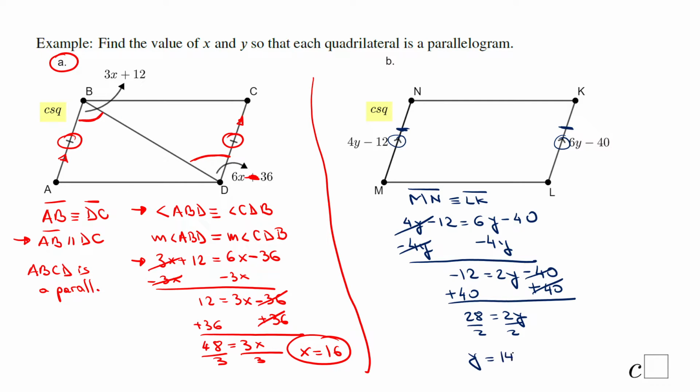So for y equals 14, the sides MN and LK are going to be congruent. They are also parallel. We see that in the picture, and therefore MNKL is a parallelogram. Okay.